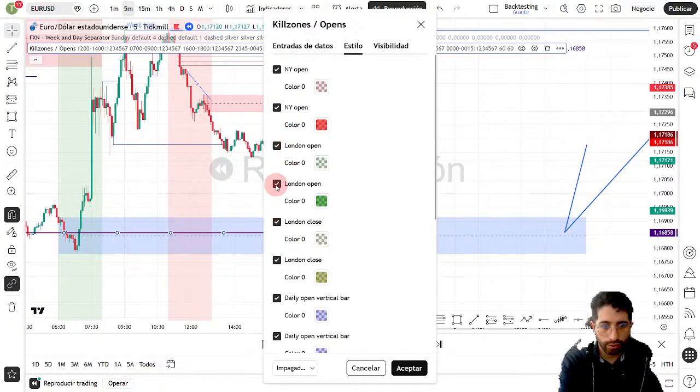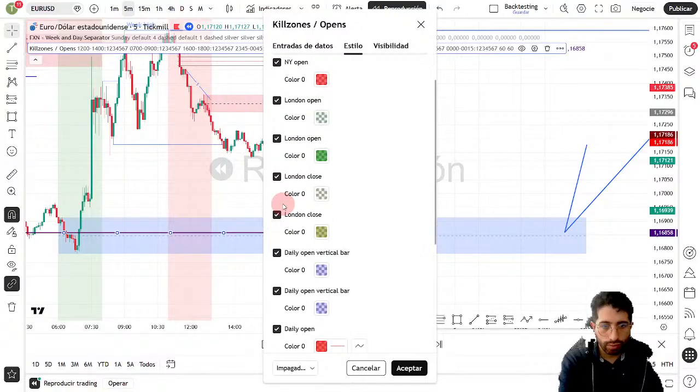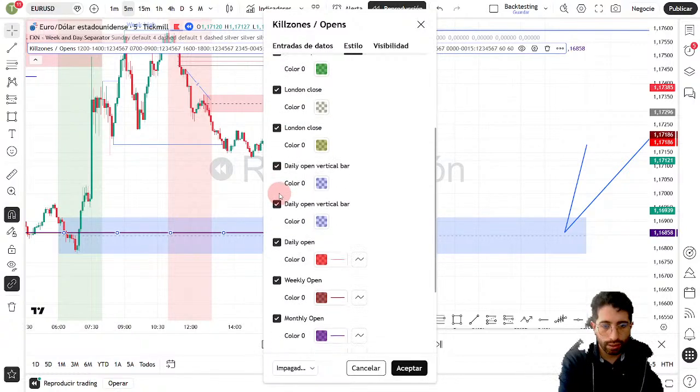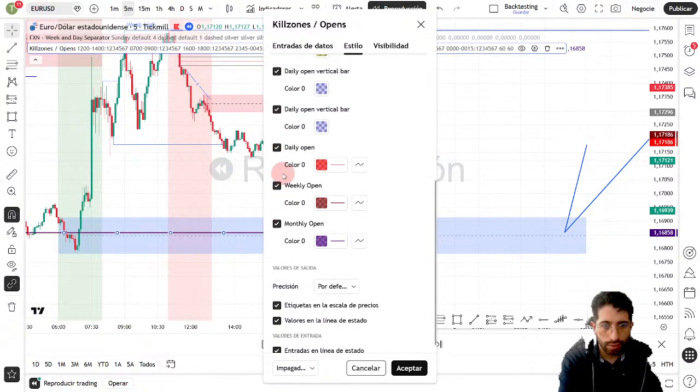London open, perfect. London open, close. I just want to erase these bars. I don't like them.